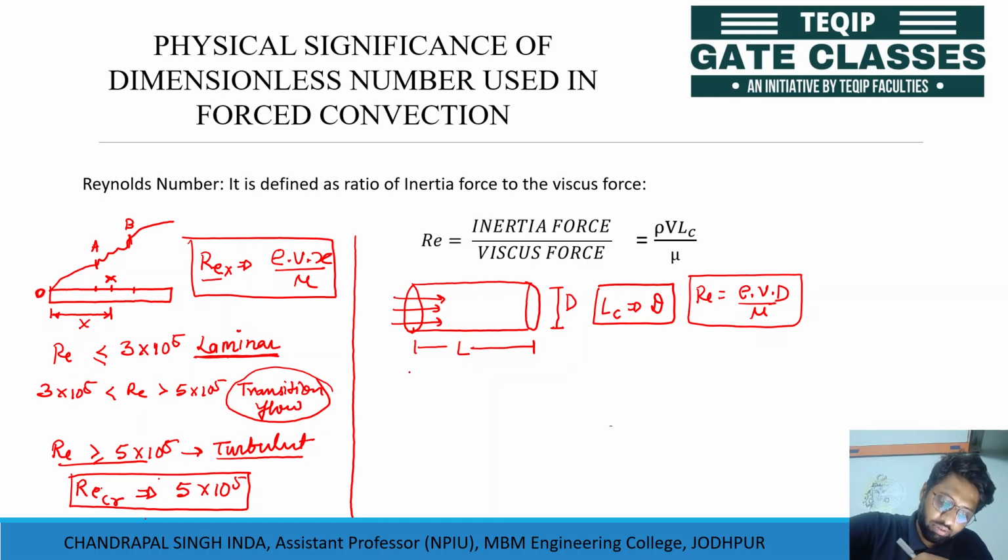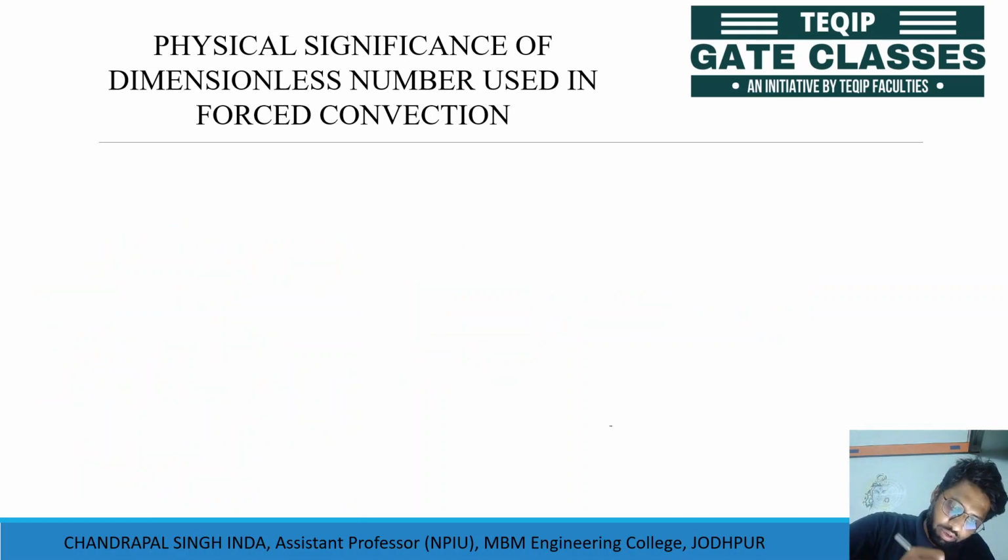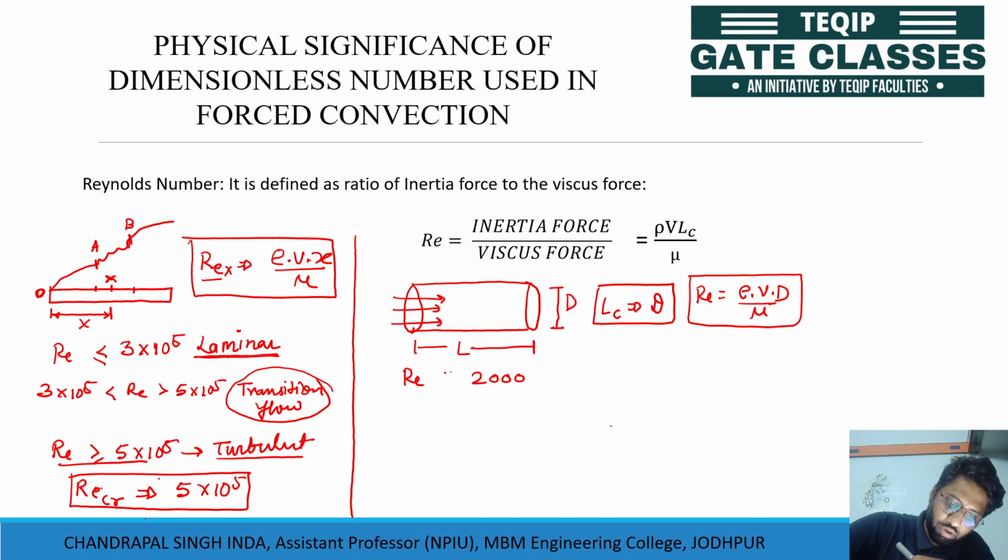Okay, let's look at the value of the Reynolds number for the different kinds of flow. For laminar flow, the value of the Reynolds number is up to 2000. It means if the value of Reynolds number is lesser than 2000, then we will have a laminar flow.